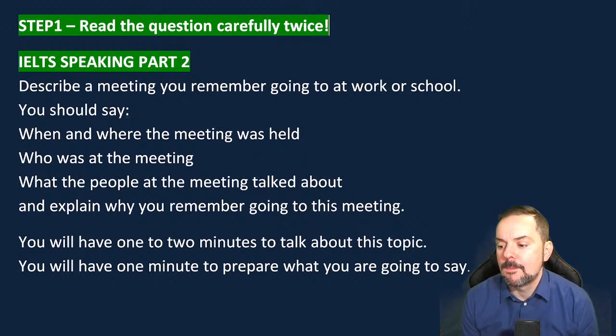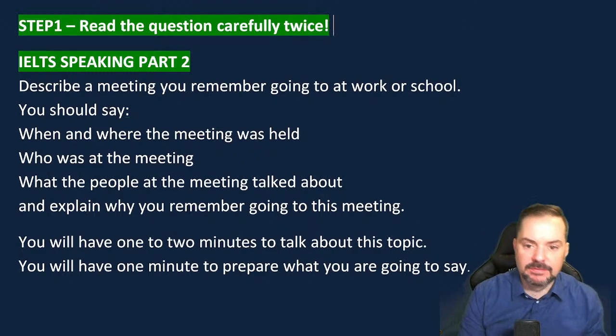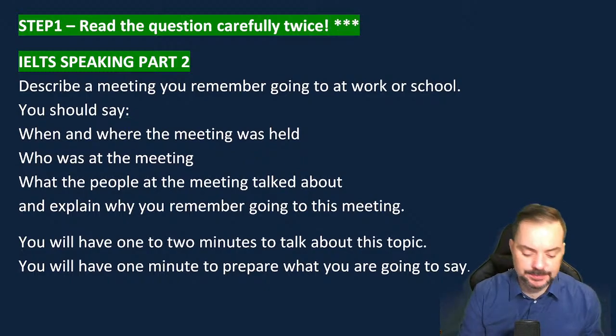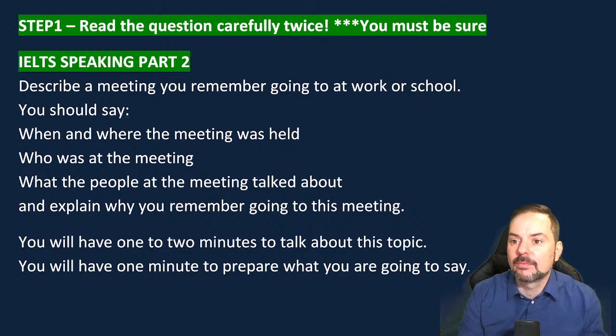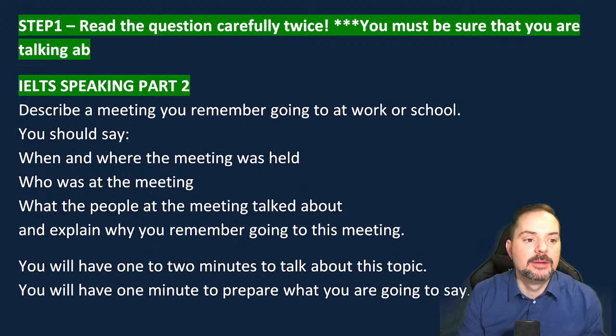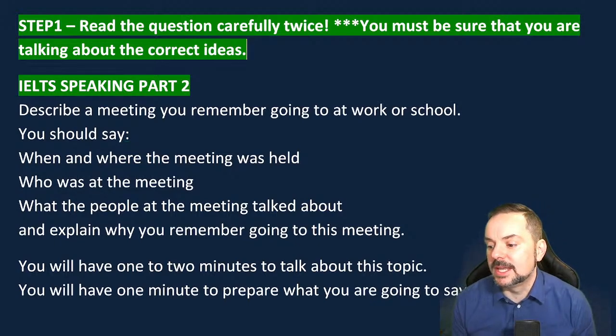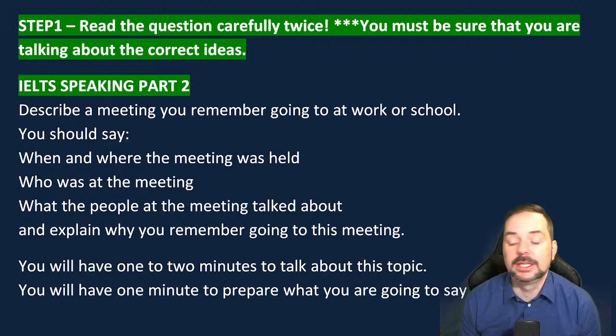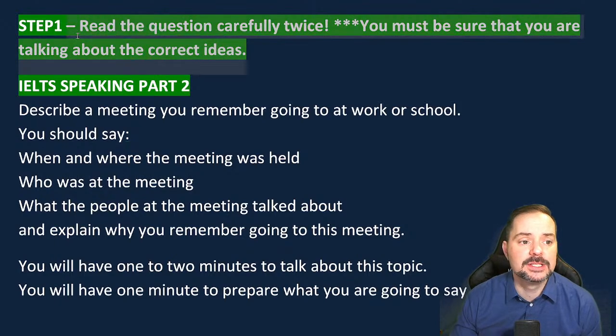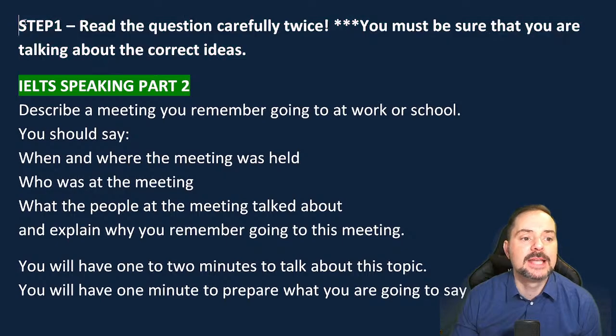Hopefully you're thinking of this answer: you must be sure that you are talking about the correct ideas. Nutan says to understand the objective given. Absolutely, Nutan. You have to make sure that you're not talking about meetings in general or meetings that people go to, but that you are talking about meetings that you go to.